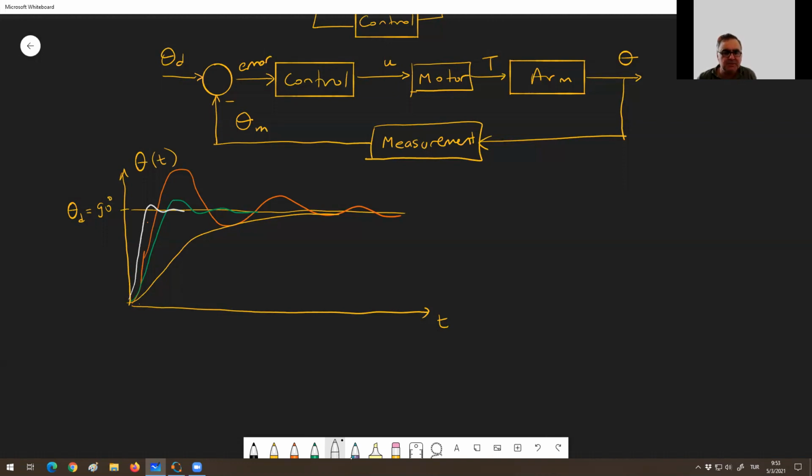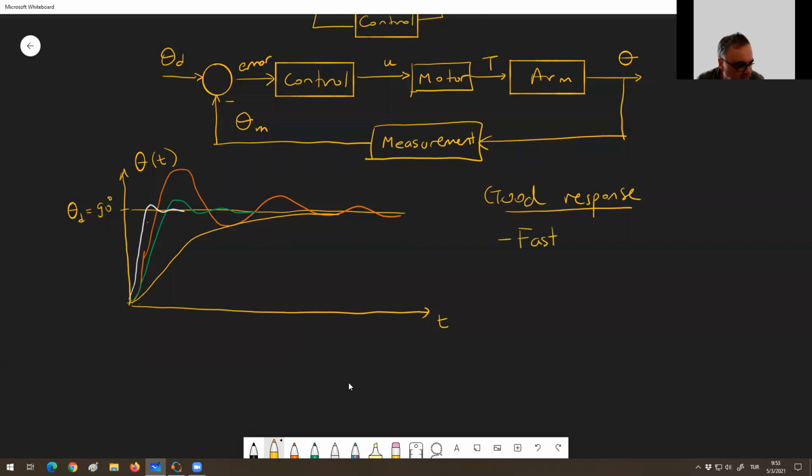Well, some of these responses are good, some of them are not so good. Which ones are good and which ones are worse? What do we want from this system, and how do we quantify a good design for such a system? That is, what is a good response? A good response should be, first of all, fast, right?